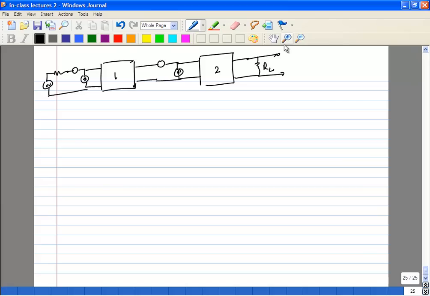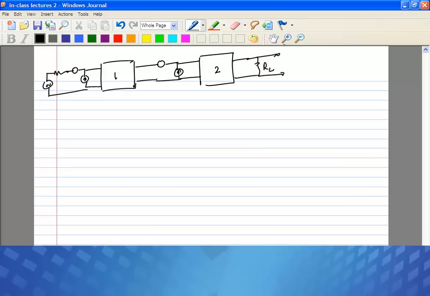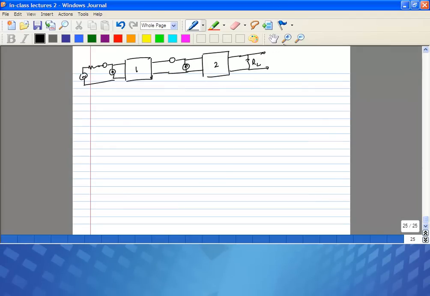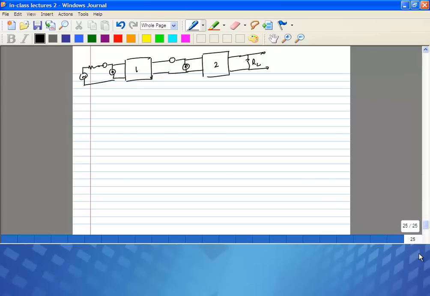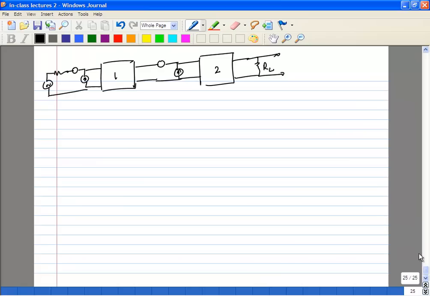Okay, we're going to cascade two of these. Let me do a slightly better job of drawing this.